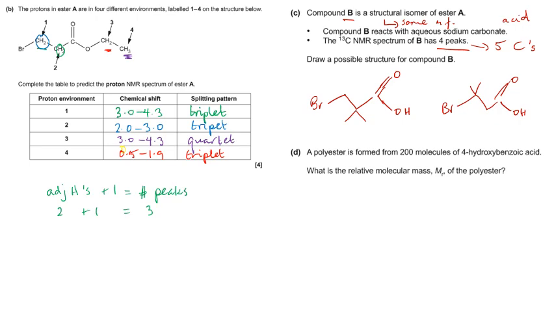If I draw it down bottom left, we could have bromine coming off carbon number 2. 1, 2, 3, 4, 5. We've got 5 carbons there, and 2 of which are in the same environment. So any of those 3, you get however many marks there are for that.